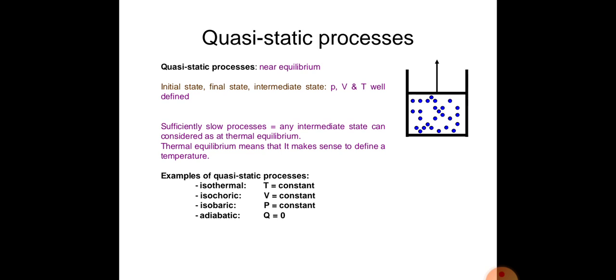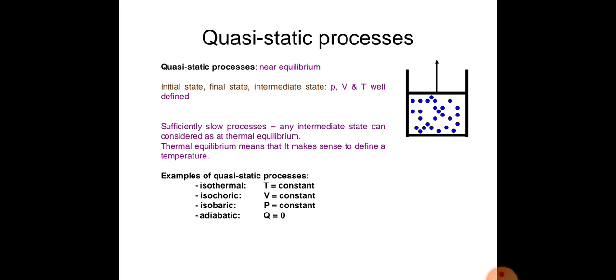Examples of quasi-static processes are isothermal, isochoric, isobaric and adiabatic. The prefix iso shows that the quantity after the word iso is constant throughout the process. In isothermal, temperature is constant throughout the process. In isochoric, the volume is constant.